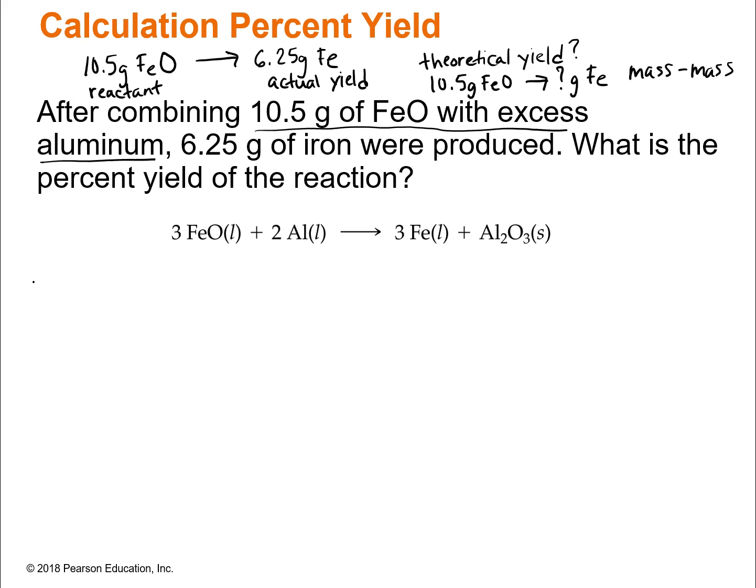So let's do the theoretical yield calculation first, which is a mass-to-mass problem. Starting with 10.5 grams of iron(II) oxide, we have to get to moles.